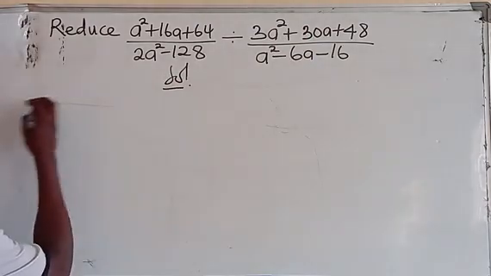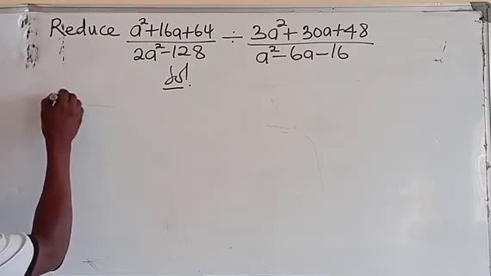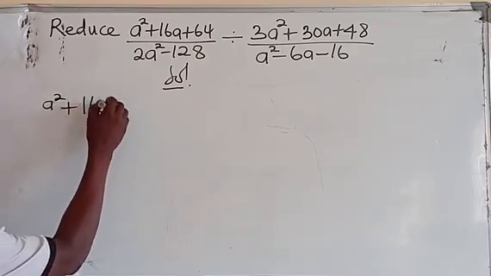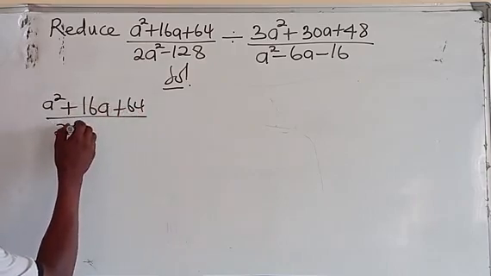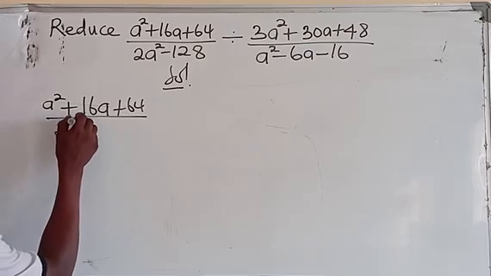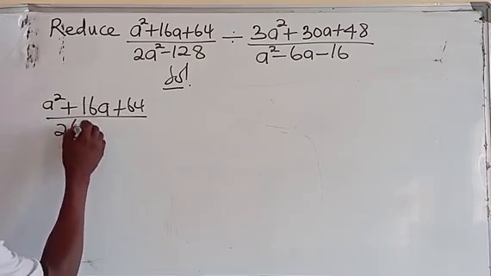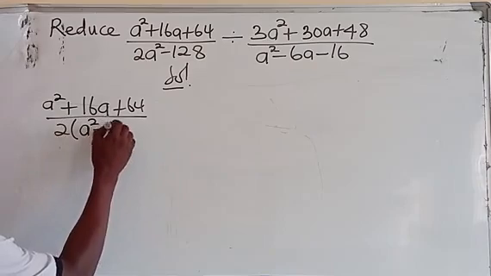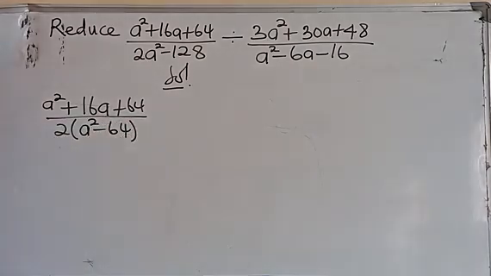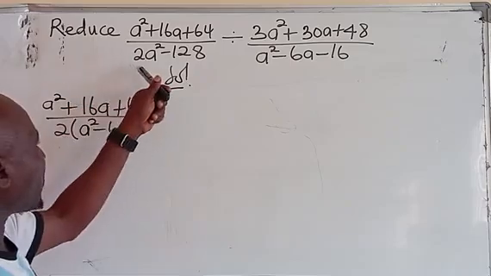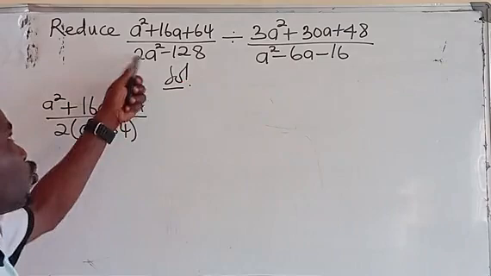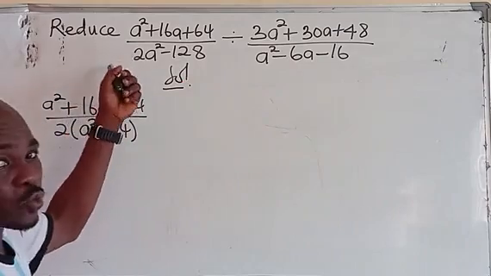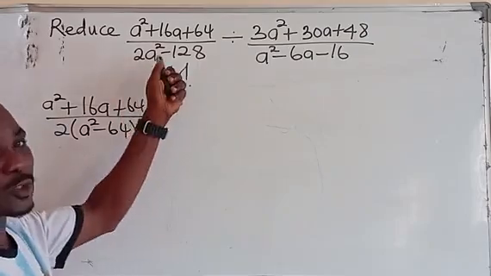So, I have a squared plus 16a plus 64 over 2. For the other fraction, I can write this as 2 into bracket a squared minus 64, because 2 is a common factor between this and that. So, I'm factorizing the 2 out. This time I'm not dividing by 2, I'm factorizing because this is not an equation.